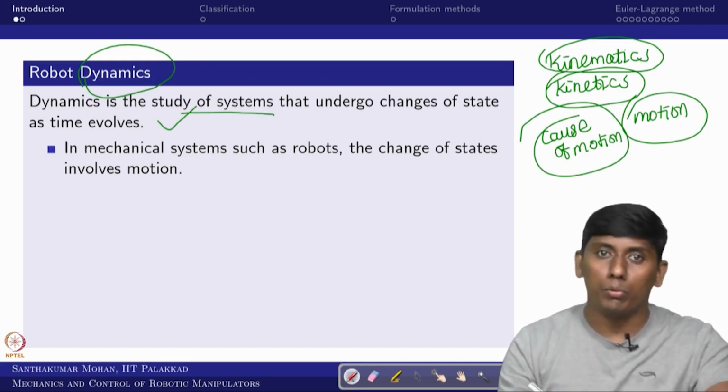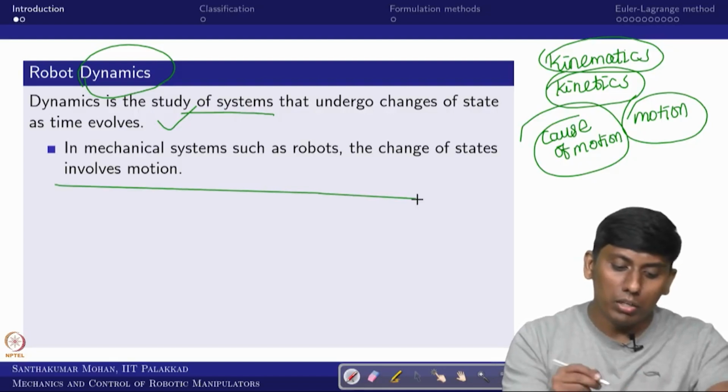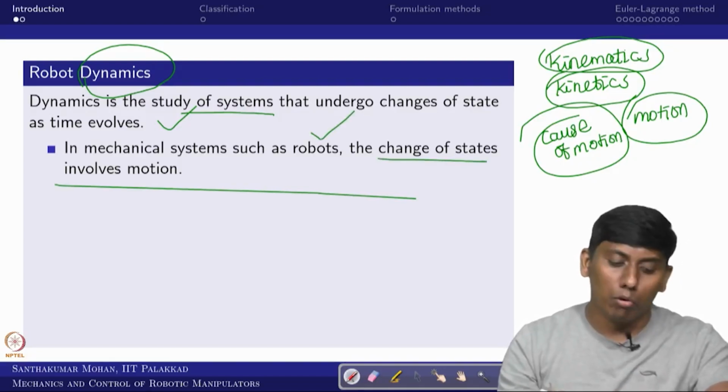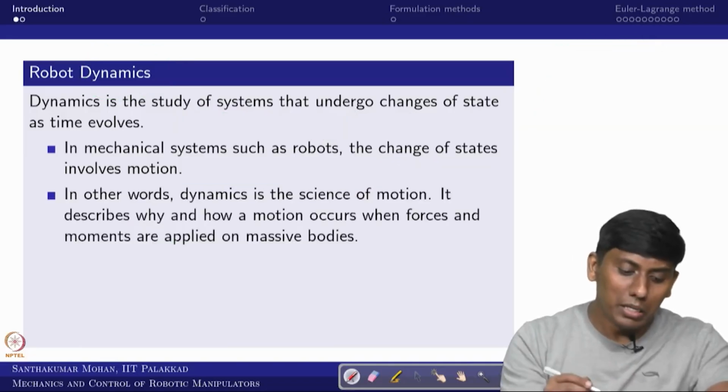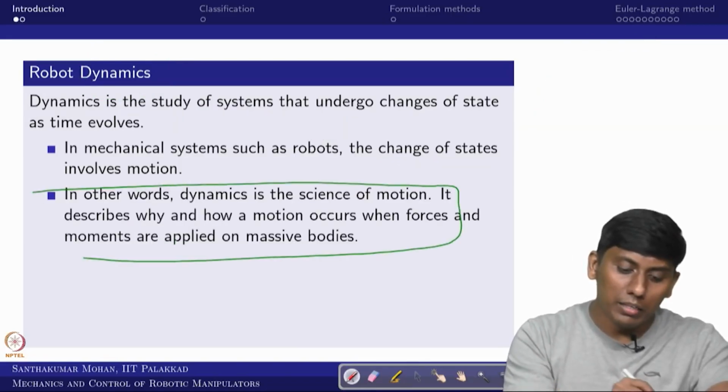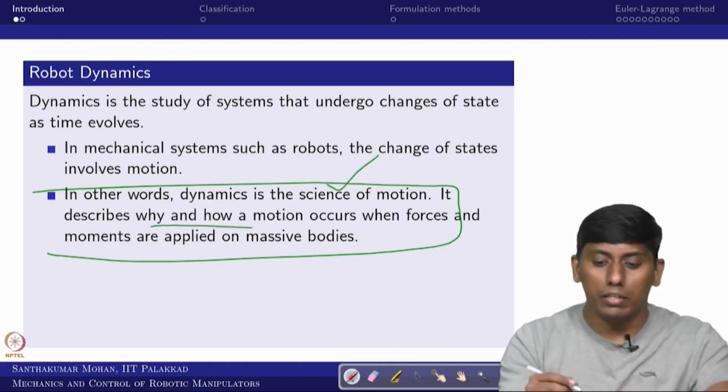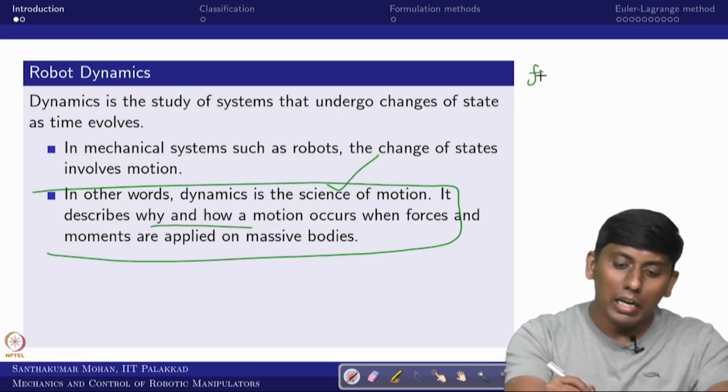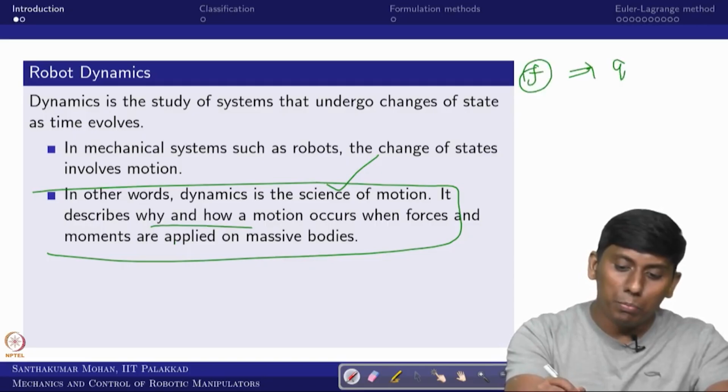For a mechanical system such as a robot, changes of state involve motion, but what else comes in? Kinematics gives signs of motion, but dynamics describes why and how the motion occurs. So we are relating the input to the output.